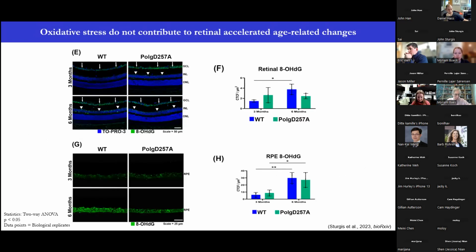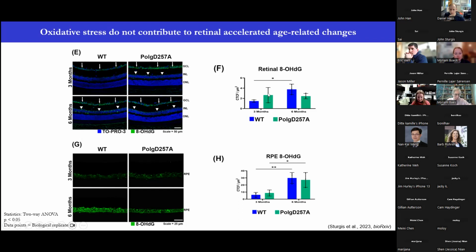However, the one thing that we did see at least a significant increase in was when we started staining our retinas with 8-OHdG, which is a chemical modification to nuclear or mitochondrial DNA that indicates oxidative damage. We first tested this on the retinal sections, and we saw a significant increase in the wild type animals with aging alone.